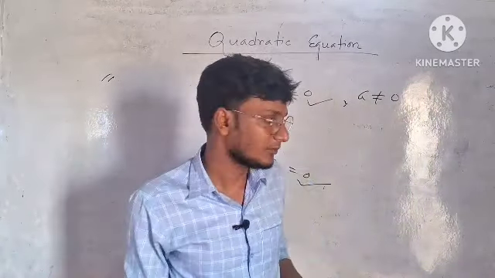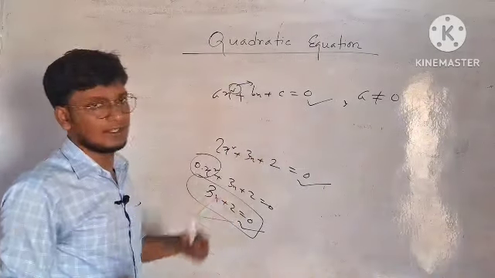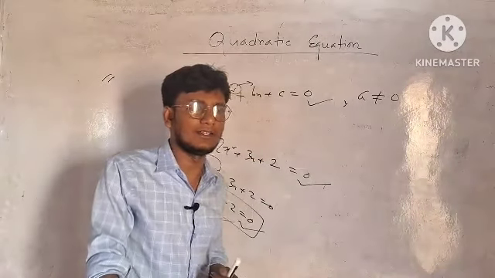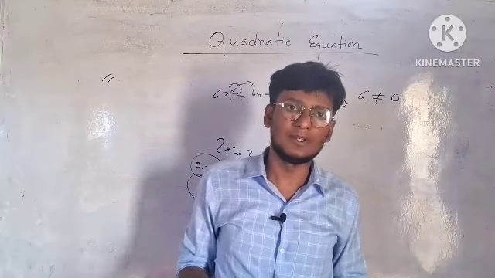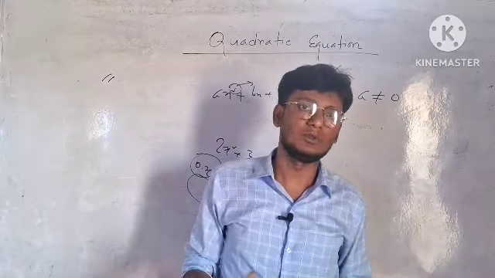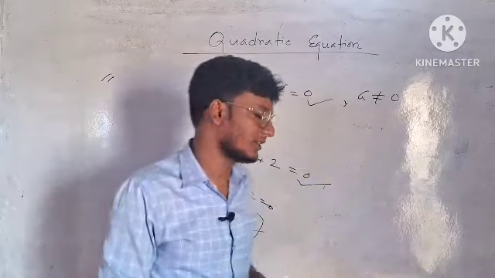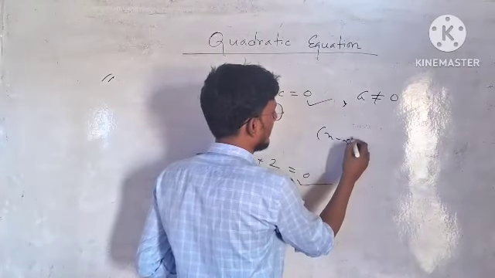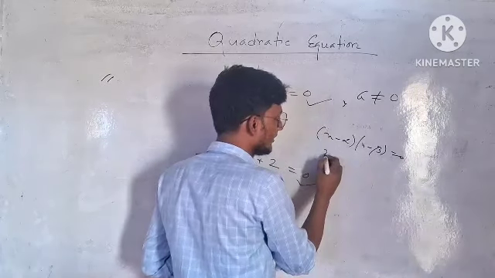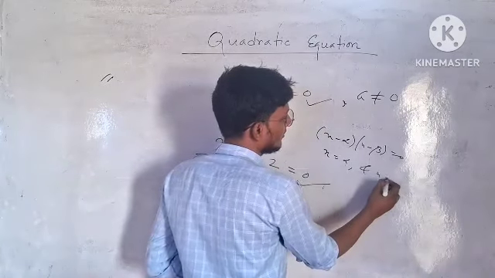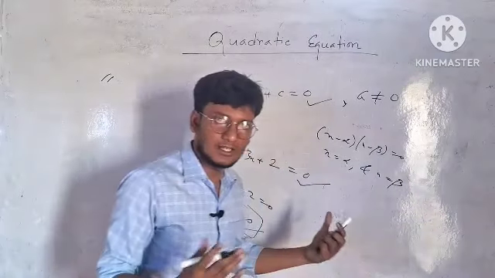Already you have learned how to find the roots of a quadratic equation by the middle factor. If you are able to express it in the form of x minus alpha, x minus beta is equal to 0, then you can find the roots x equal to alpha and x equal to beta.